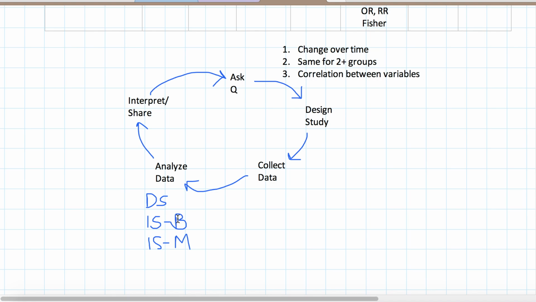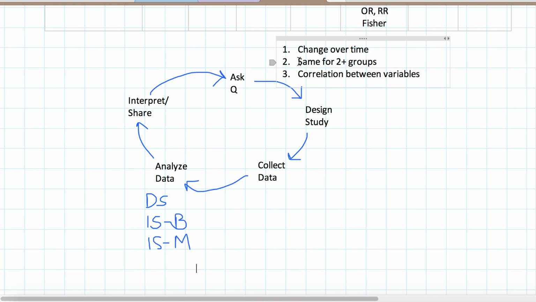So these kinds of questions lend themselves to different kinds of inferential statistics, specifically the bivariate kind. And so if all we're asking is what's the average of a variable, then our answer is descriptive statistics. But as soon as we're asking about a change in a variable from one time to the next, so we're comparing two things, but it's because time has passed in between, then that would lend itself to a specific kind of inferential bivariate statistic.